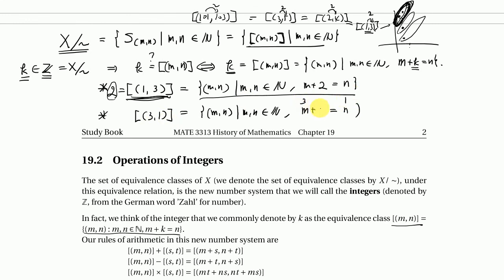So how much do we need? Negative 2. So a good notation for that is going to be negative 2. You follow me? So the concepts are within that definition.